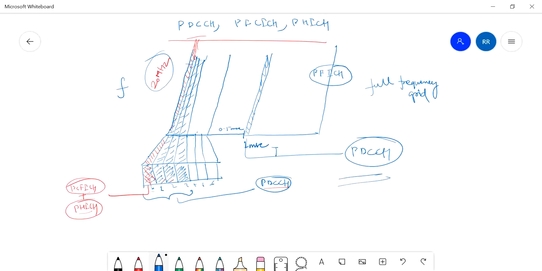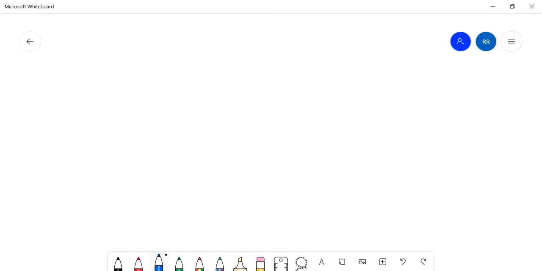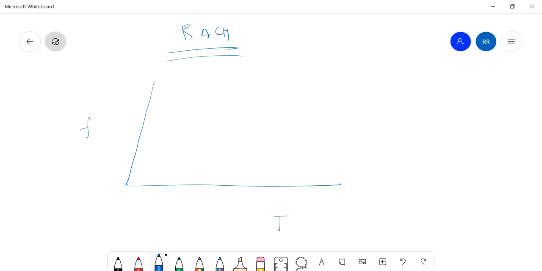Now let's move on. Now comes the uplink channels, right? Now here let's see the RACH. RACH is random access channel, and if we have to see its position on the resource grid, this is time domain, this is frequency domain.